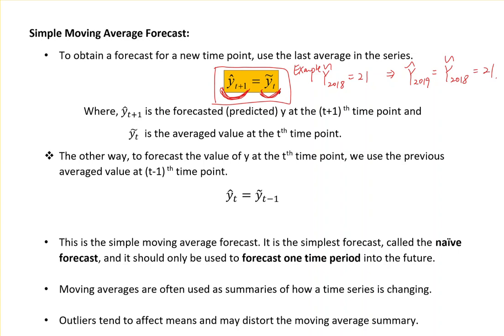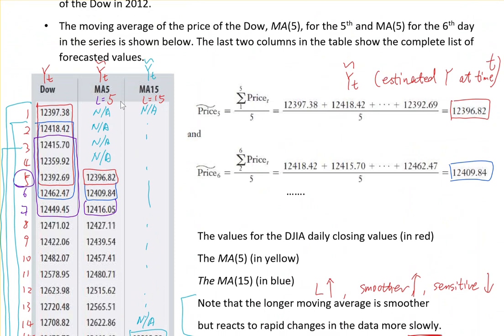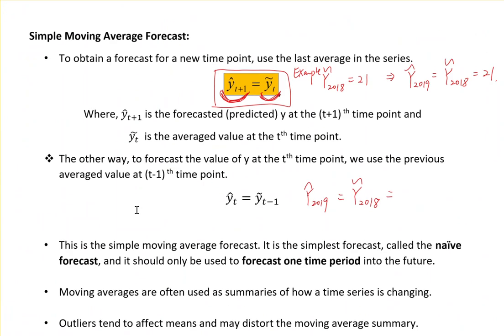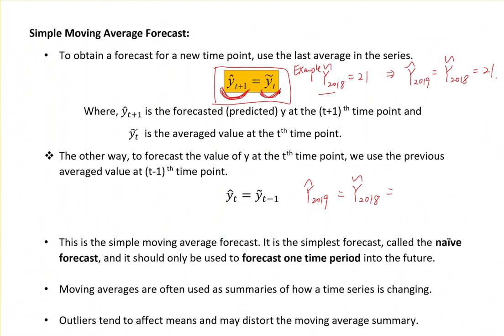All right, or the other way, if I want to make the prediction about 2019, how can you find the predicted value or forecasted value for 2019? We need the estimated value for 2018, and then you need to calculate the estimated value based on averaging the L observations, right? And then, for example, if you still have 21, it will be just 21.